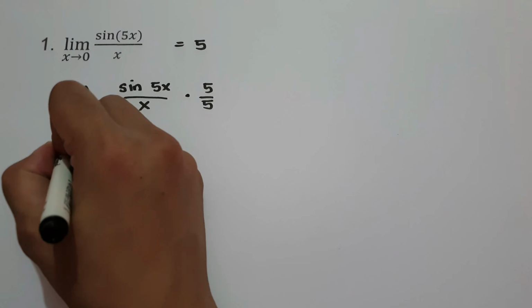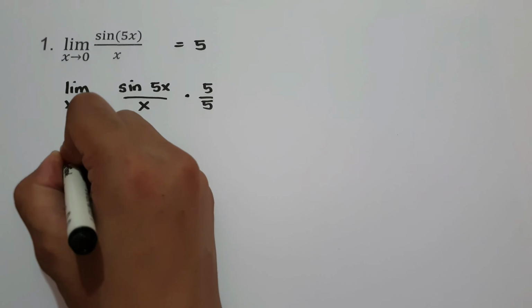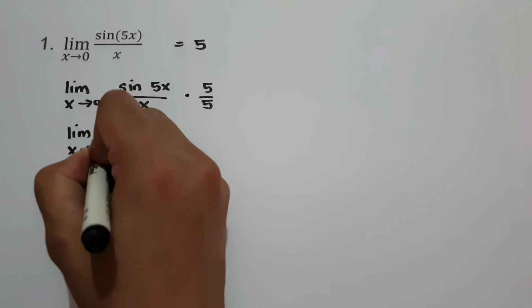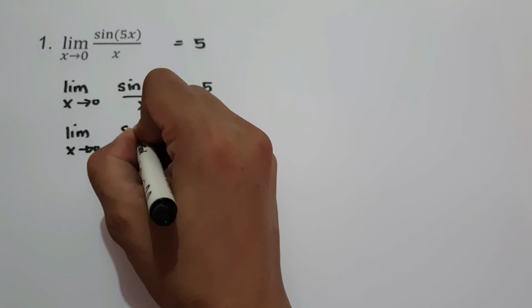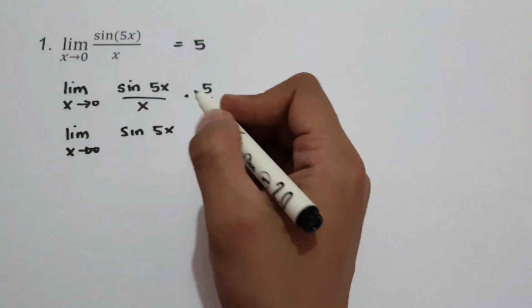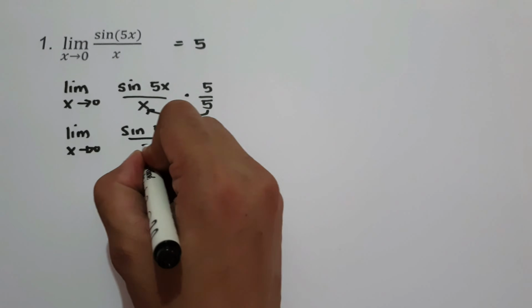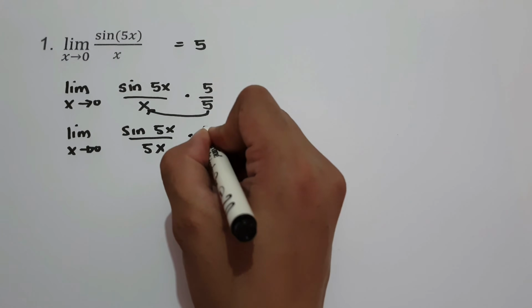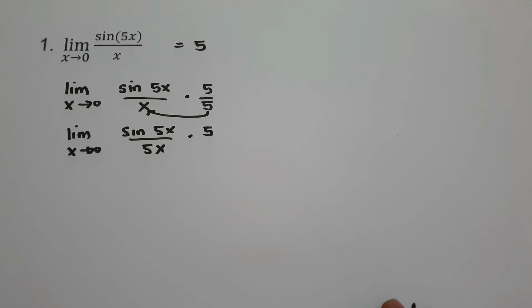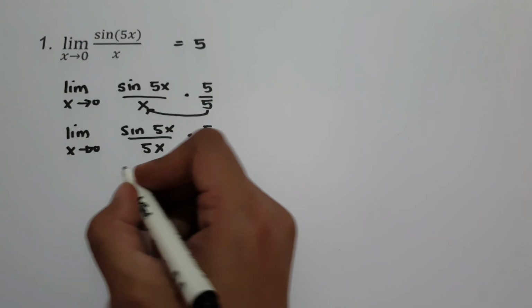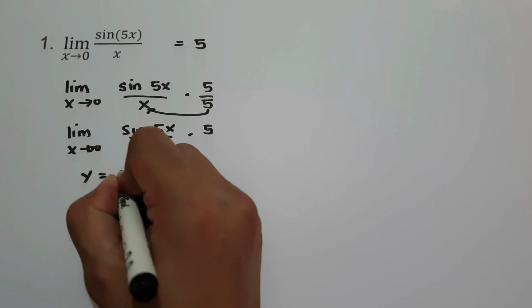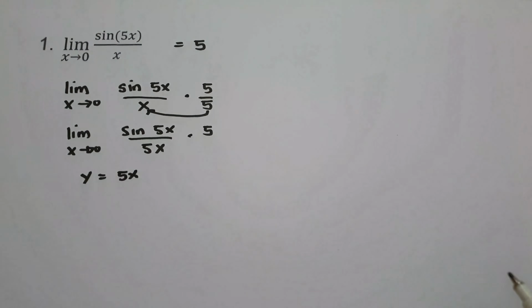Then let's have the limit as x approaches 0 of sine 5x. Let's move 5 to the side of x, and that will be 5x times 5. And let us represent y as 5x.